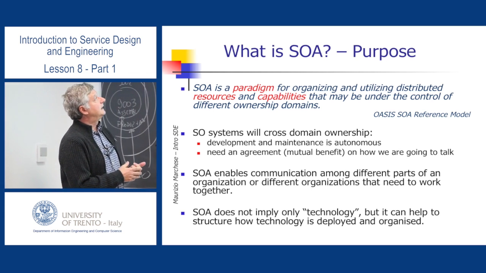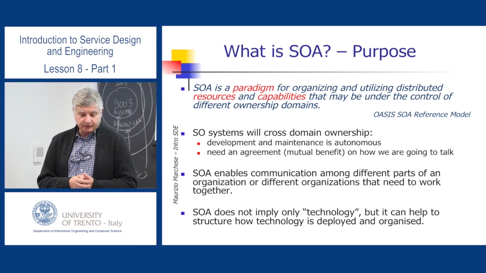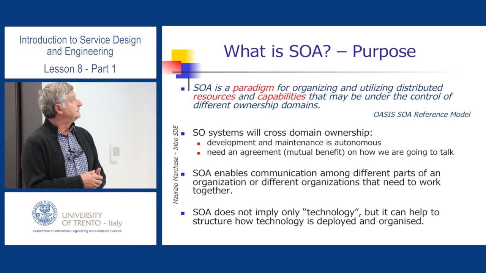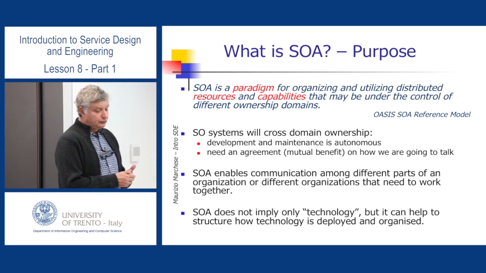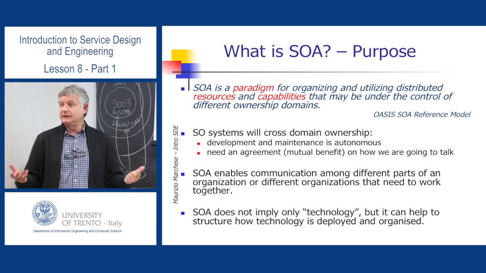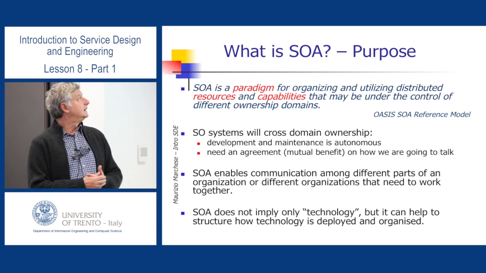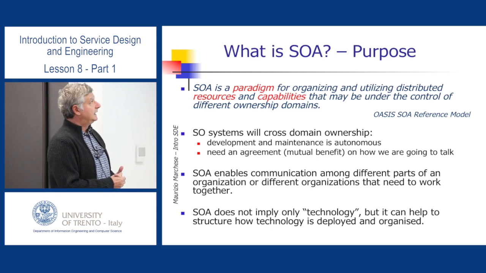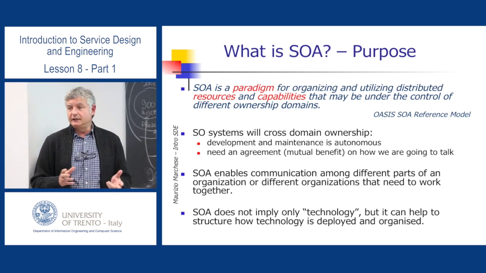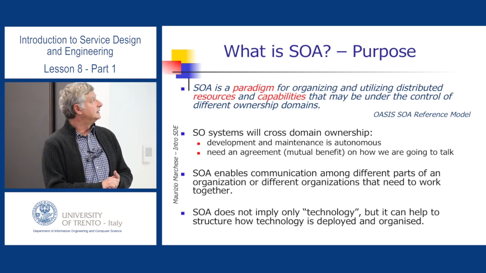And so it has to deal with a set of principles, of concepts. This is the paradigm. It has to do with some kind of assets, something that has a value, can provide a service, and has some functionality to offer. So this is very generic, a high level of abstraction.